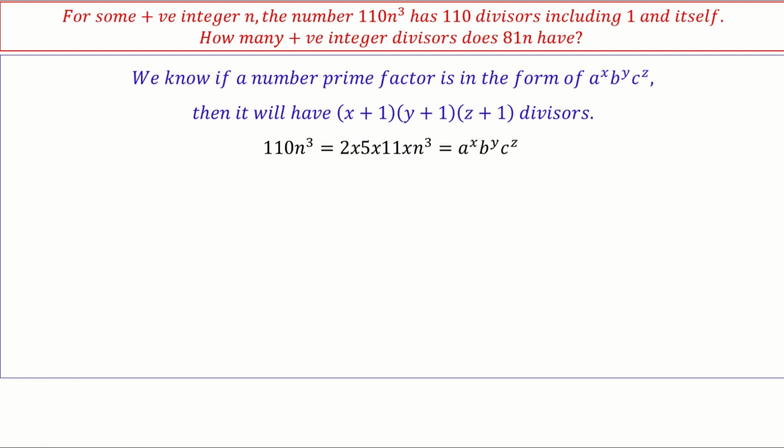But that is wrong, because 110 is equal to 2 into 5 into 11. So n cube has to be one of these three. It cannot be different from any of these. And n cube cannot be 1 also. N cannot be 1 also.